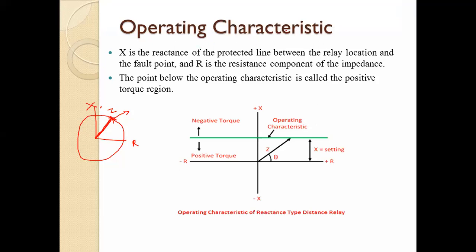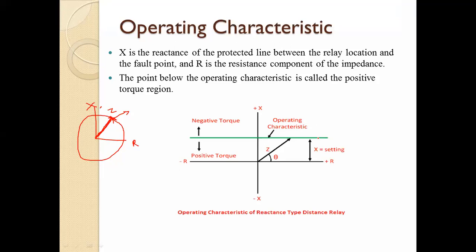So we can plot such RX characteristics also. Here also this RX characteristic is plotted. Now you can see this X is the setting, means again we are fixing one value of X, that is reactance.